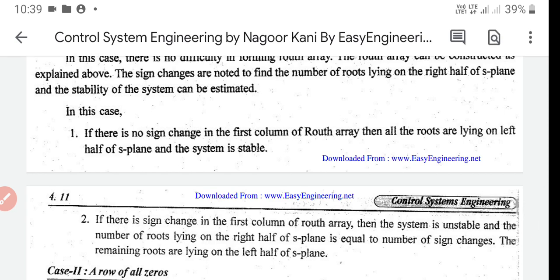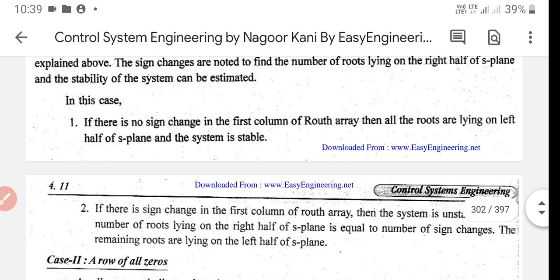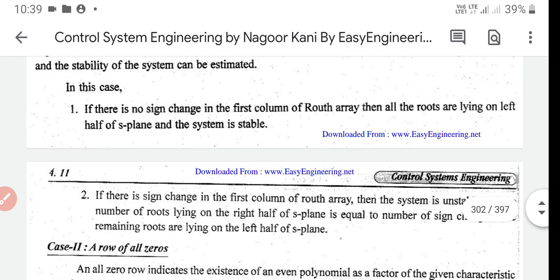Now, how do you find the sign changes? You consider the first column of the routh array. If there is no sign change in the first column, then all roots are lying on the left half of the S-plane, and the system is a stable system.